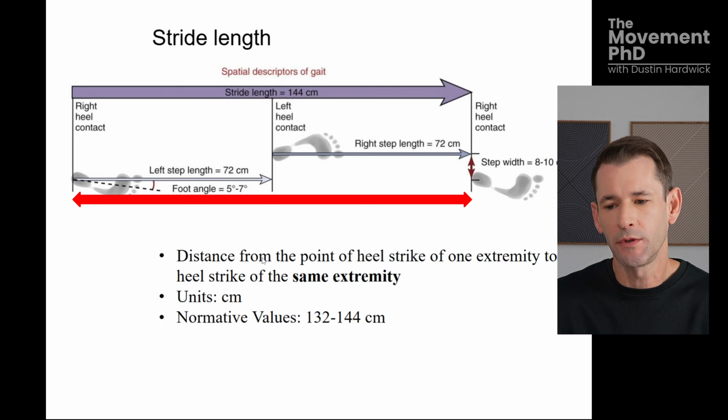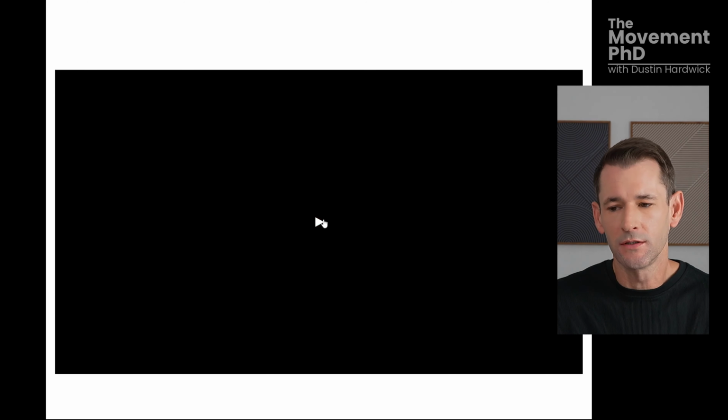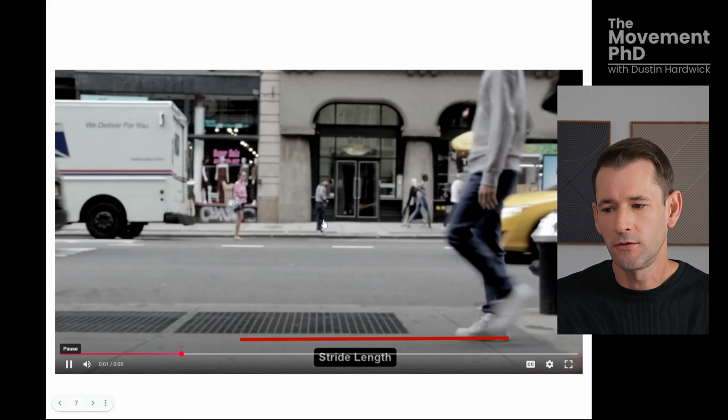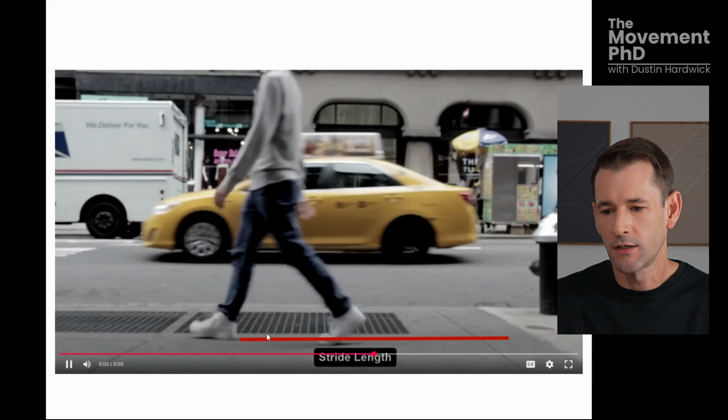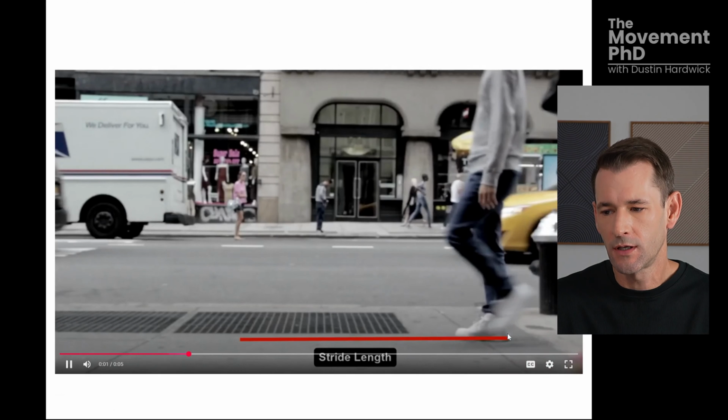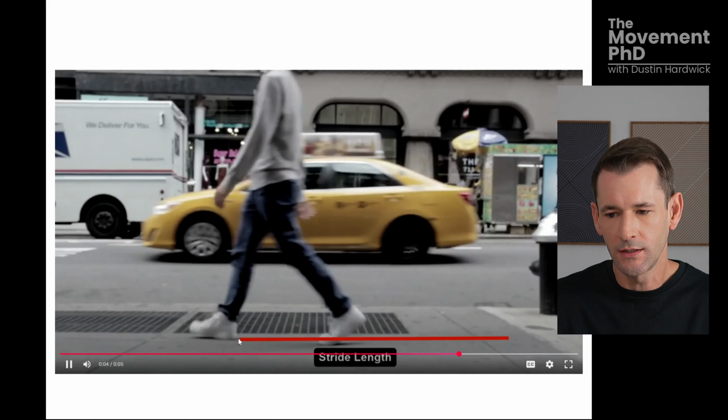Again, this is going to be measured in centimeters, and the normative values, or what is a normal stride length, is approximately 132 to 144 centimeters. So it should be approximately double your step length. We have a video for this as well. Stride length, you can see, is right heel contact to the next right heel contact. Let's watch that one more time. Right heel contact to right heel contact once again.